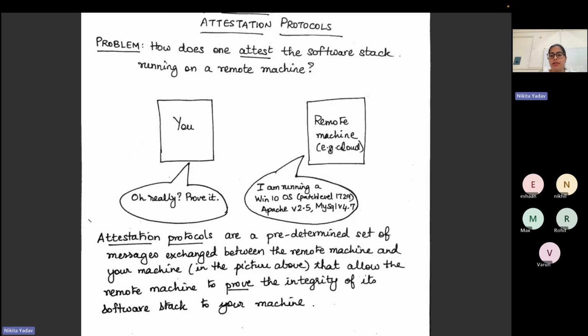Since you are attesting the entire software stack, you do not trust the software stack, so you trust only the secure hardware which is present on this machine, for example, the TPM. So you only trust the TPM, and you do not trust any other component on this machine.